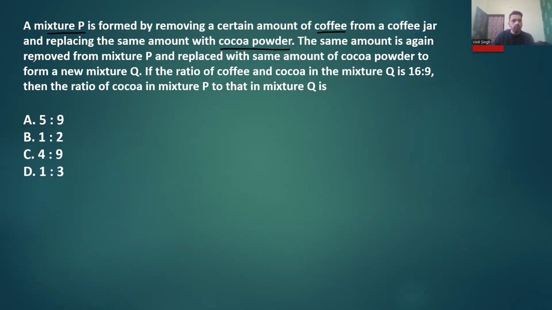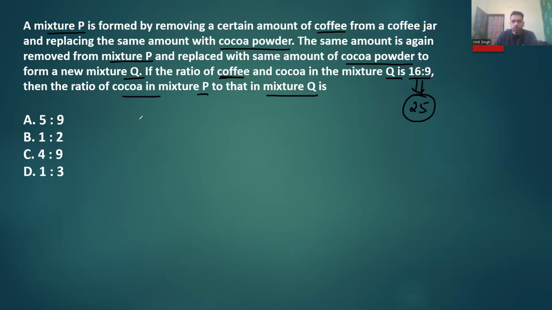The same amount is again removed from the mixture P and replaced with the same amount of cocoa powder to form a new mixture Q. If the ratio of the coffee and cocoa in the mixture Q is 16:9, then find the ratio of the cocoa in mixture P and in mixture Q. The total mixture is 16 plus 9 is 25, because the ratio of the coffee after the second mixture is 16 and cocoa is 9. So the remaining part of the coffee is 16 and cocoa is 9. So the total will be 25.